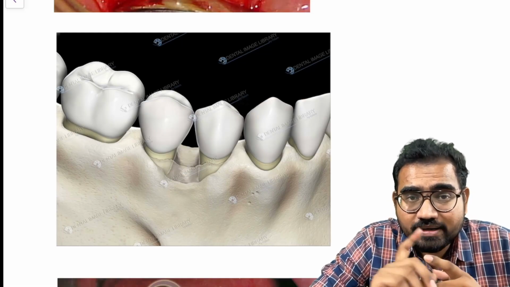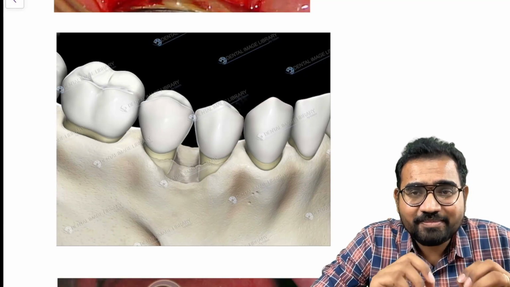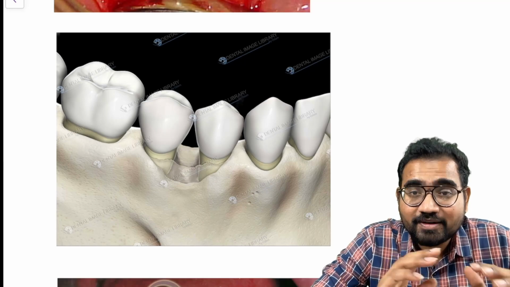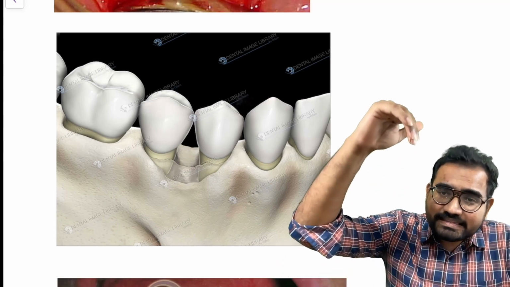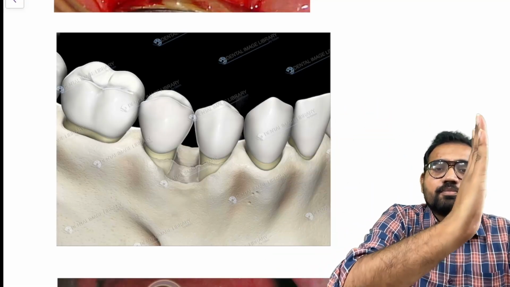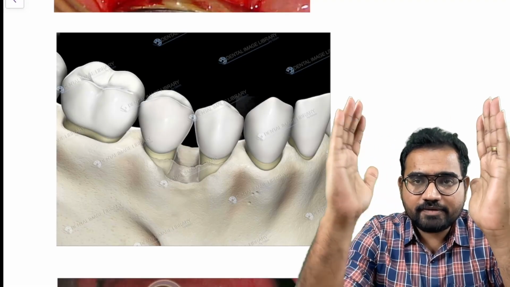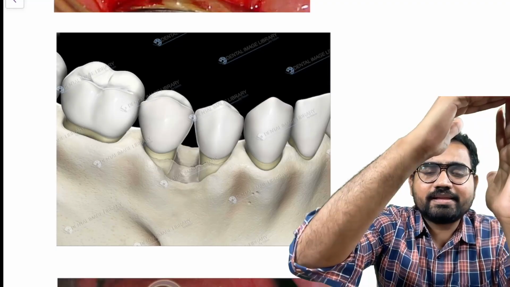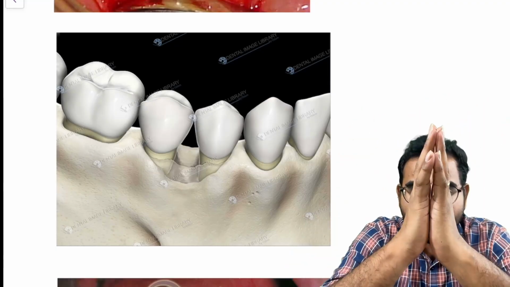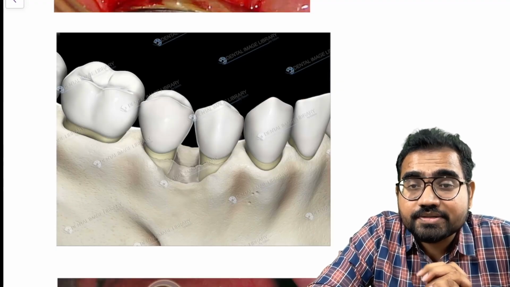Since it is lower, let us consider it as the lingual wall. So I'm having the buccal wall and the lingual wall. What I'm not having is the interdental portion. So there is a small dip in the interdental portion. My buccal and lingual walls are here, and in between I have a small dip and then it comes out. This is called an osseous crater.